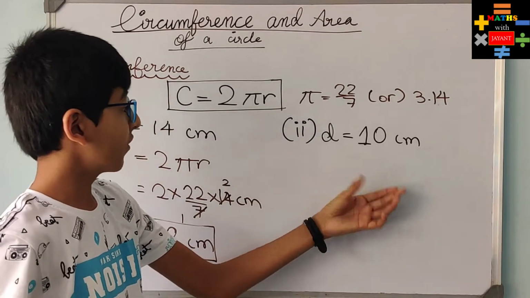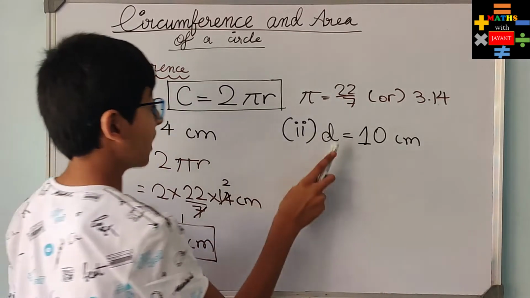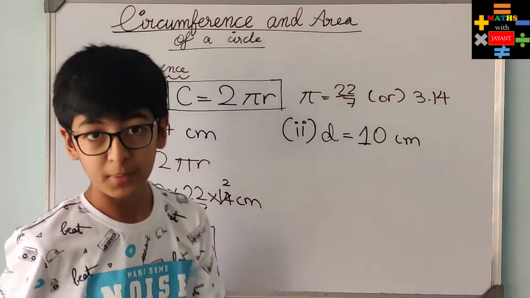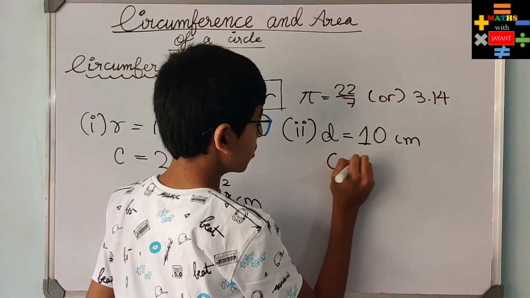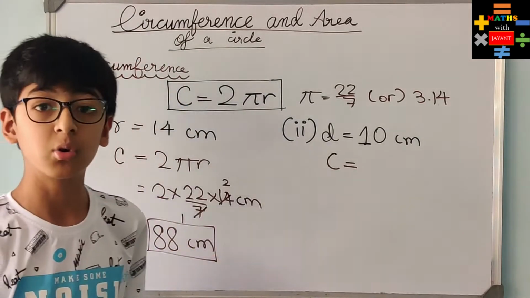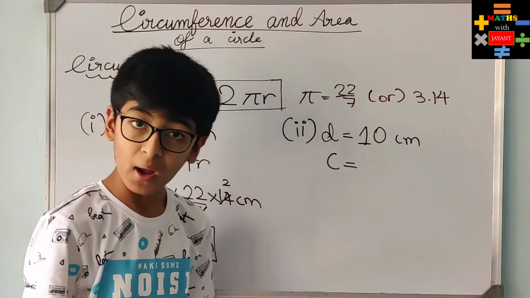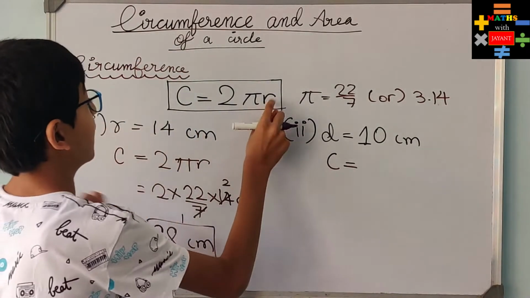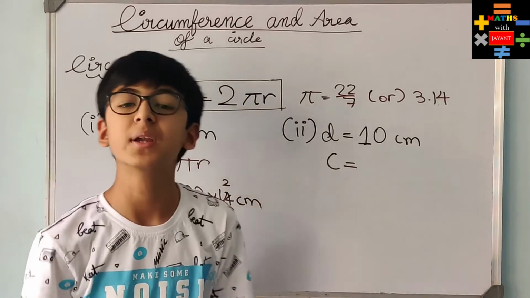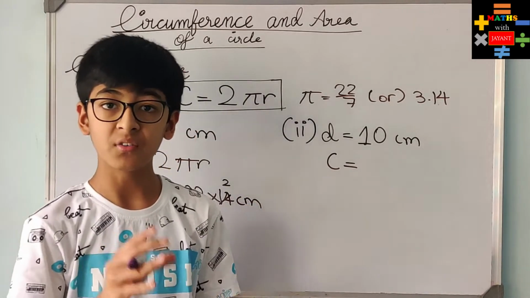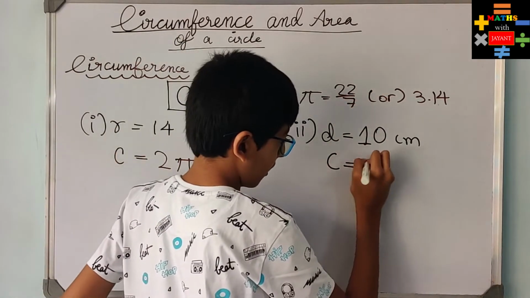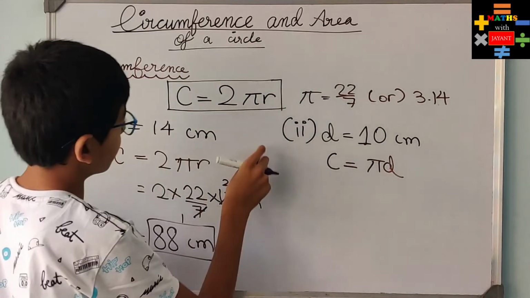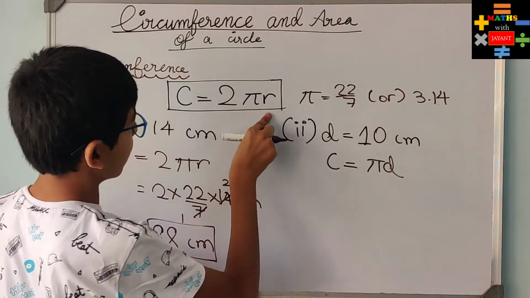Let's try solving our second question. Over here, diameter is equal to 10 centimeter. We will apply circumference is equal to 2 pi r. No, don't use 2 pi r here. Why? Because over here there's the radius and over here we are given the diameter. You remember circumference is equal to pi into diameter, right? And this also we could see over here because 2 times radius gives us diameter.